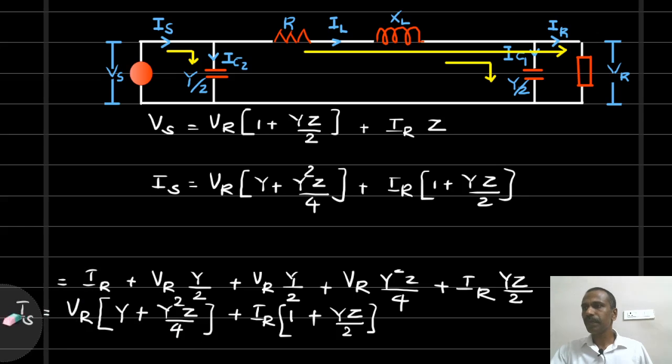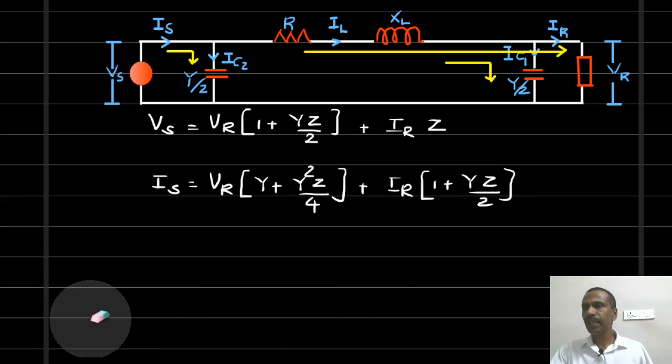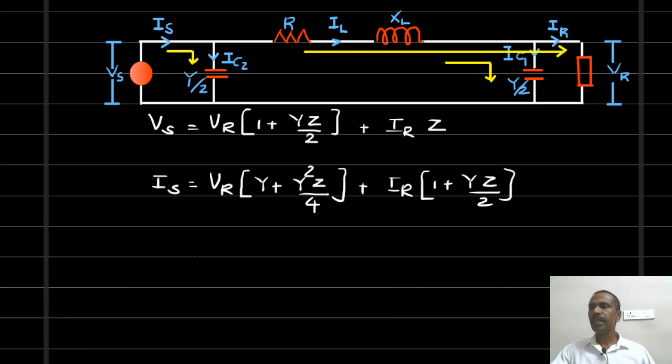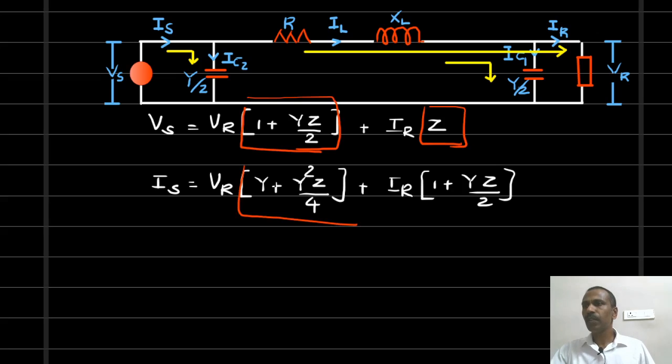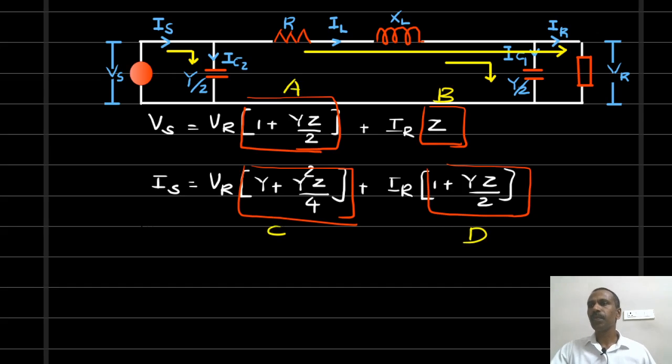So this is our sending end current equation in terms of VR and IR. So this is our constant A, this is the constant B. Here the coefficient of VR is C, this is the constant D. Our constants are A, B, C, D.